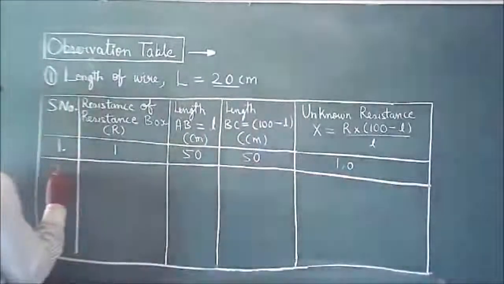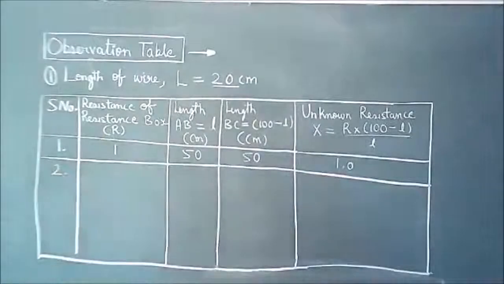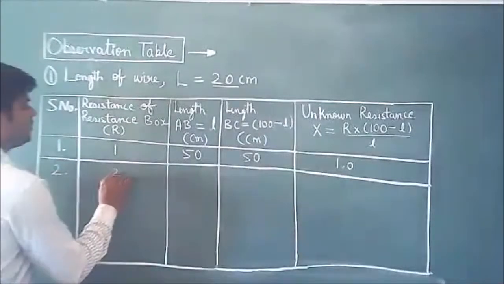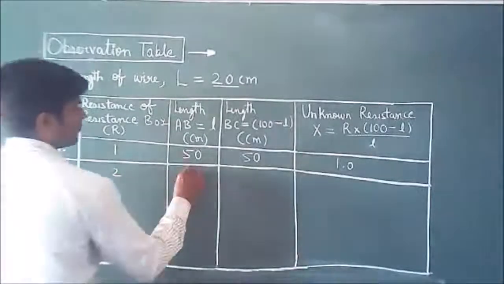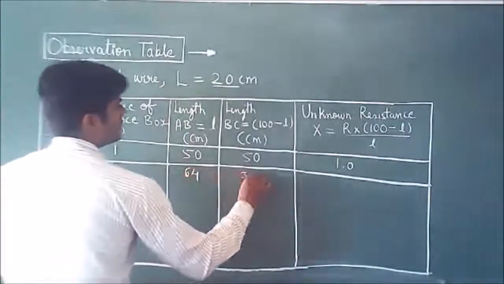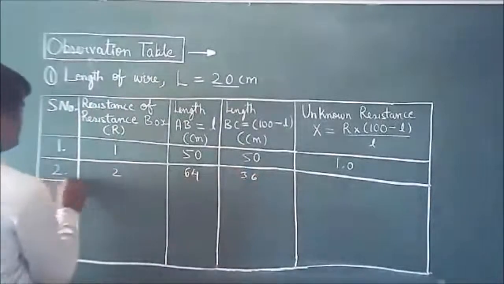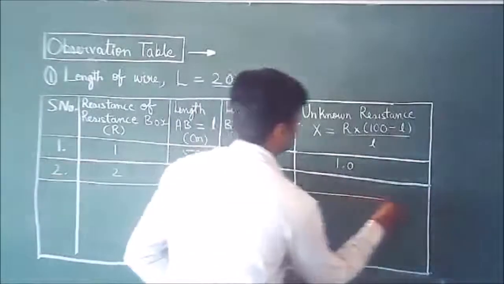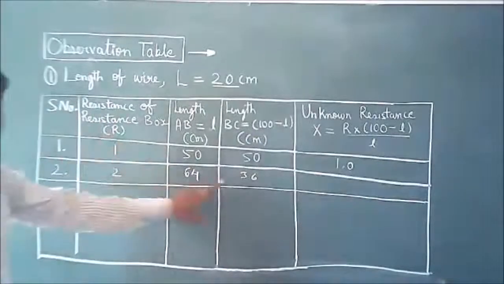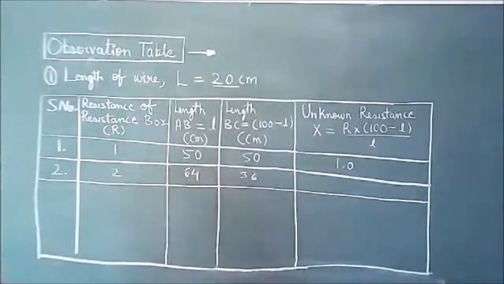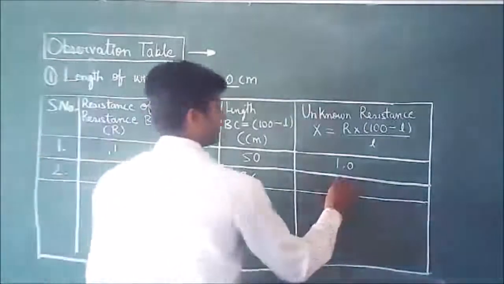Then the second reading was 2 ohm in the resistance box. L is equal to 64, 100 minus L is equal to 36. When we calculate 36 upon 64 into 2, we get 1.13.